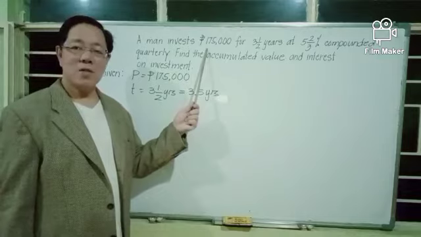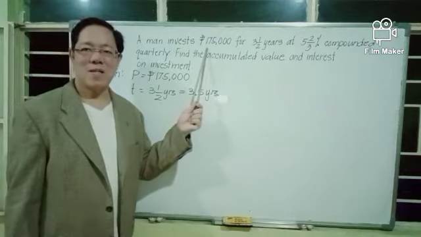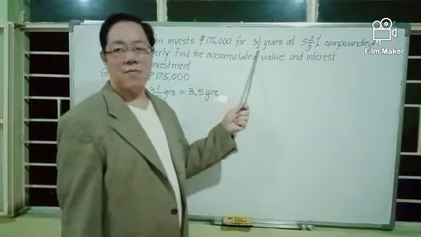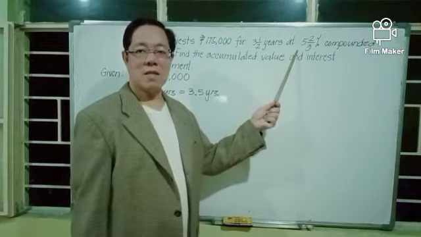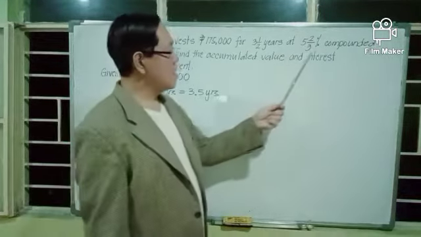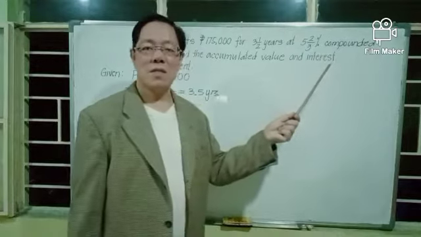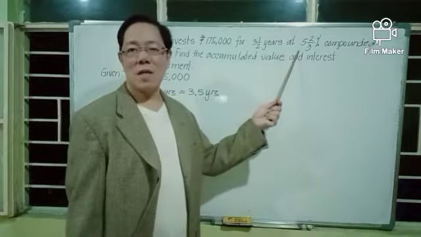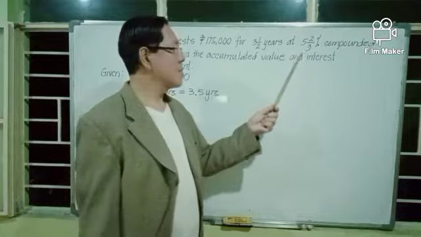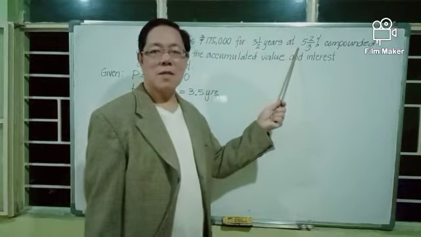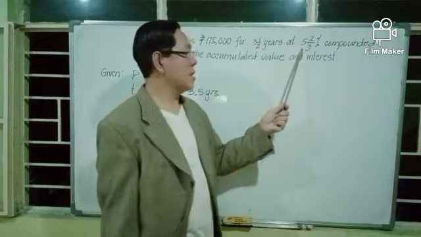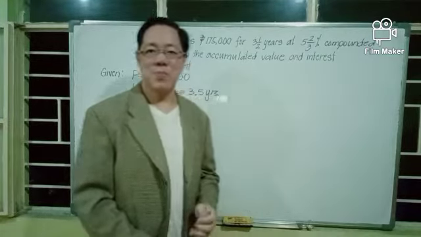The original amount of 175,000 pesos was invested for 3.5 years at this interest rate. And this word compounded indicates that this interest rate is a compound interest rate. This is denoted by j, the compound interest rate, 5 2/3%.